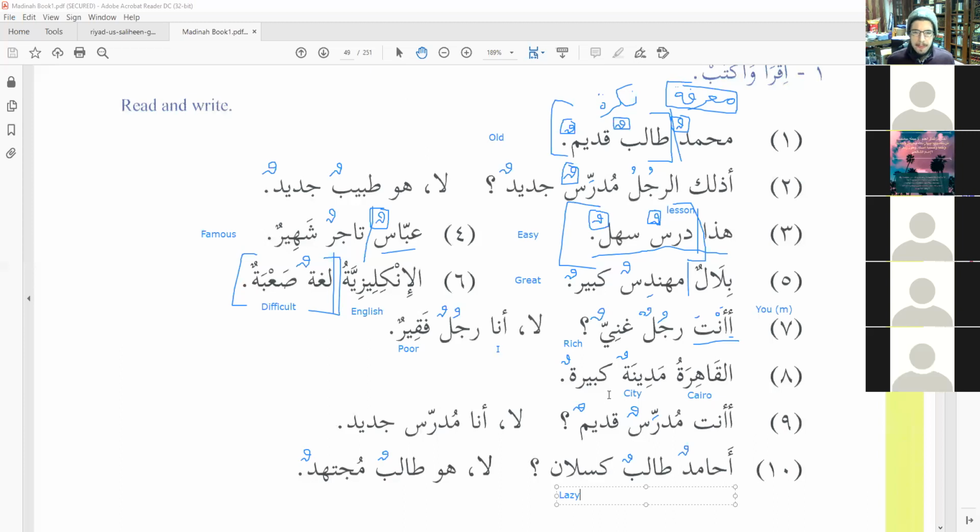Doesn't Kaslan look dual? I'm sorry, say again? Well, doesn't Kaslan look dual? Oh, it does look dual. You're right. Very good. It does look dual. However, it's not. It's a common wazn, a common phonetic pattern for adjectives.